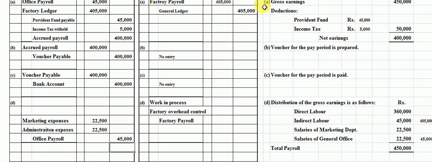Now we move to the factory office book for closing the payroll. Work in process is the account which directly belongs to the direct labor cost. The direct labor cost is 3,60,000 rupees.